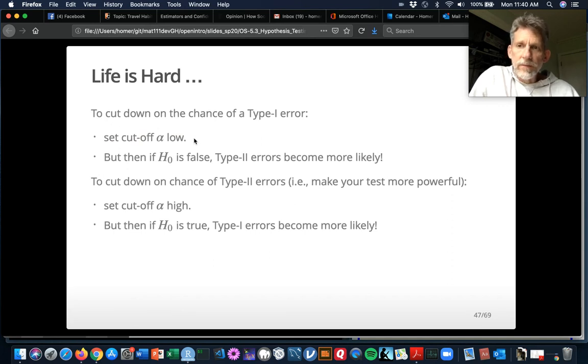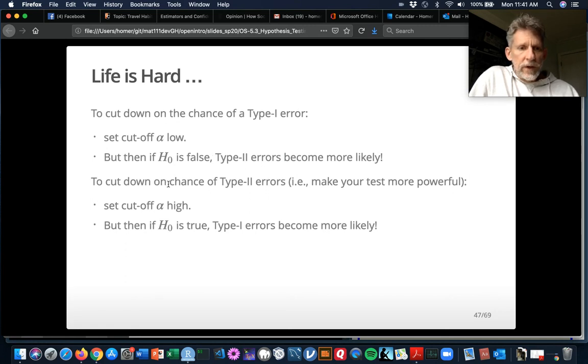Like instead of 0.05, make it 0.000001. And then you have to get a little teeny p-value in order to reject. But then, if the null happens to be false, you've made it really hard for you to reject the null hypothesis, so you're going to make those type 2 errors become more likely.